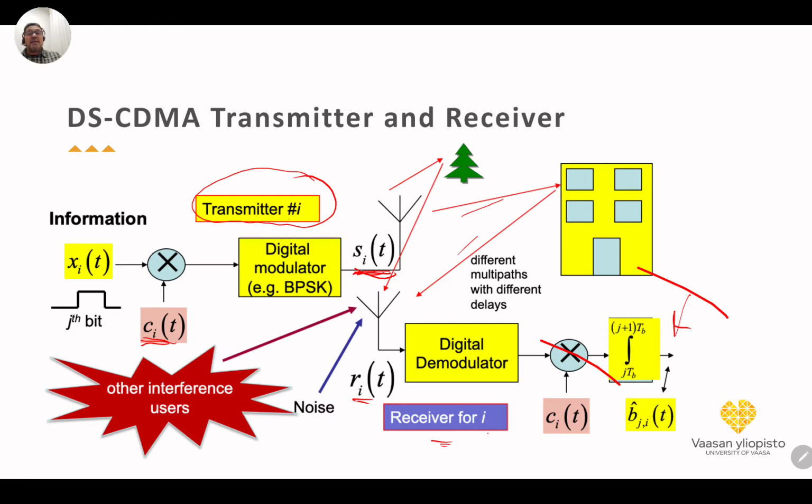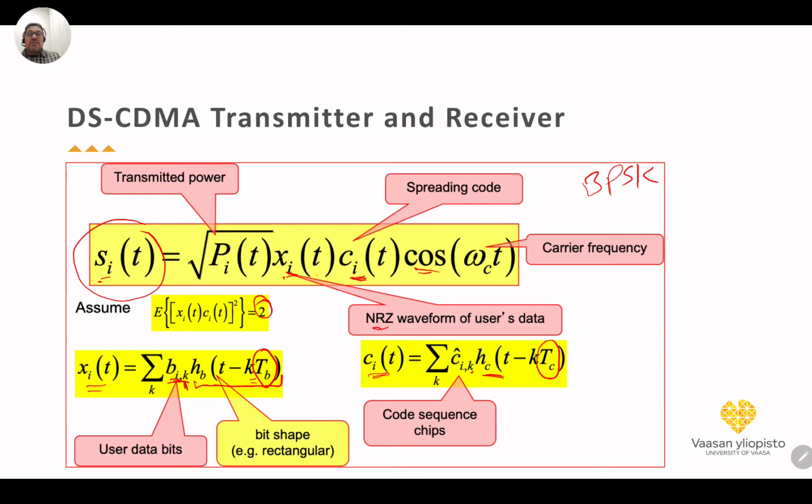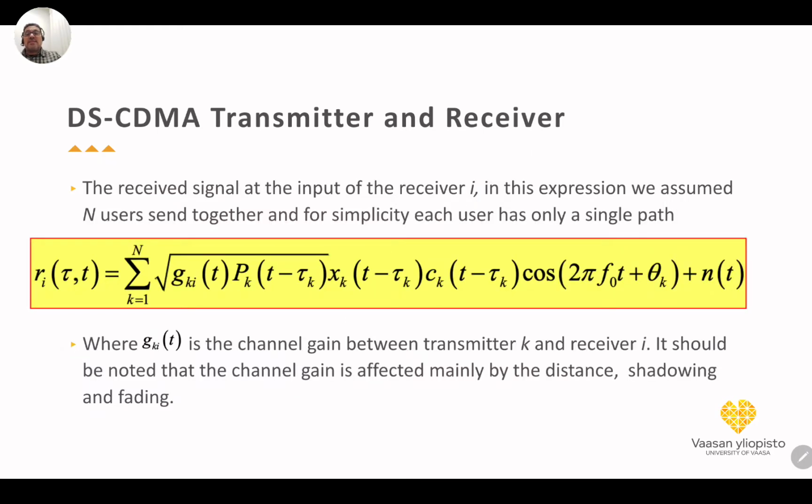And now this is transmitted in the wireless channel, and how is it received? The received signal will be Ri of tau and t, because we assumed that the channel is time varying, as we know. This is the reason that we put two times here, tau and t.